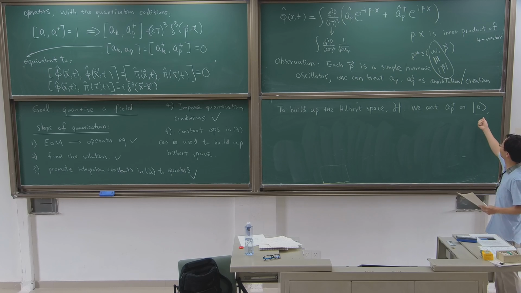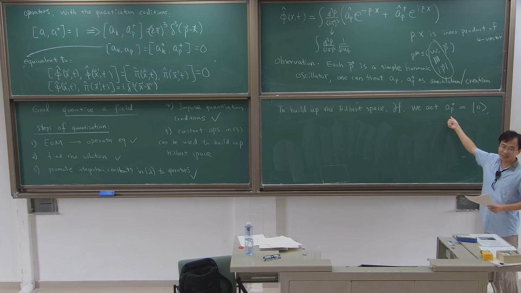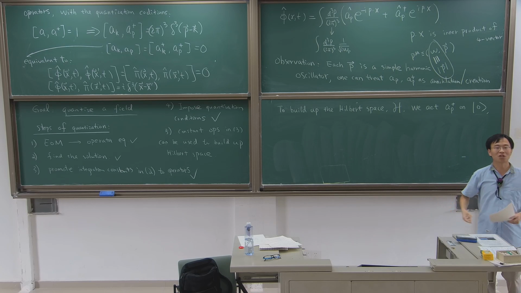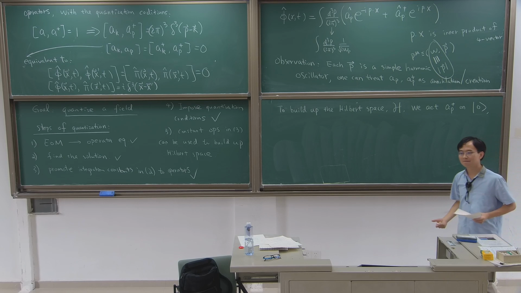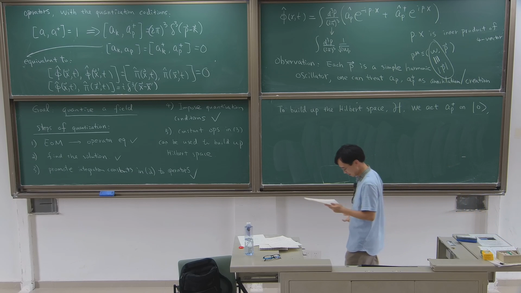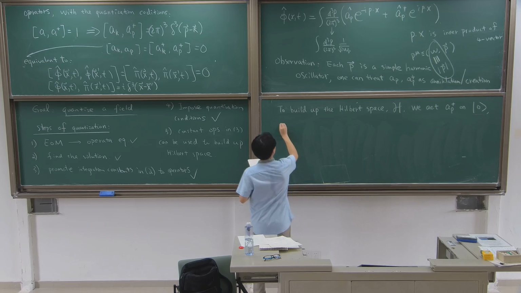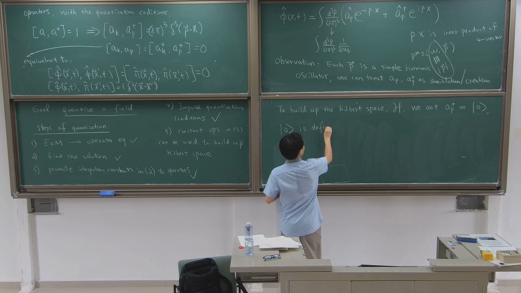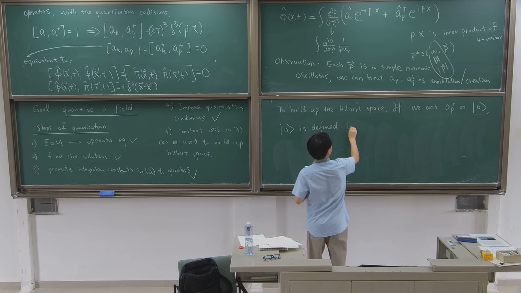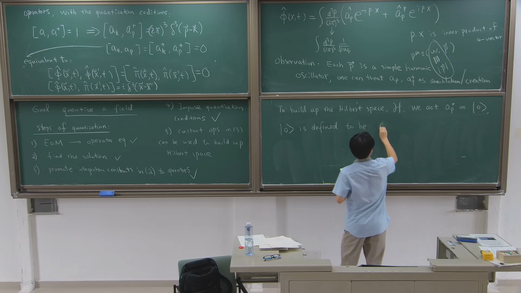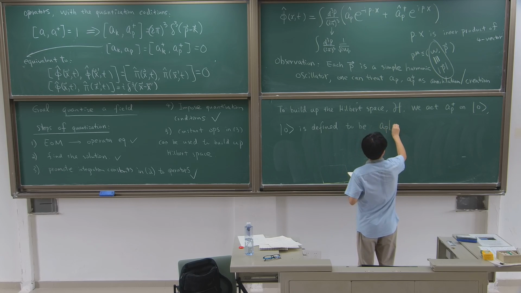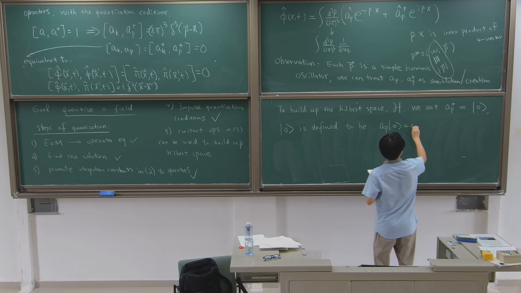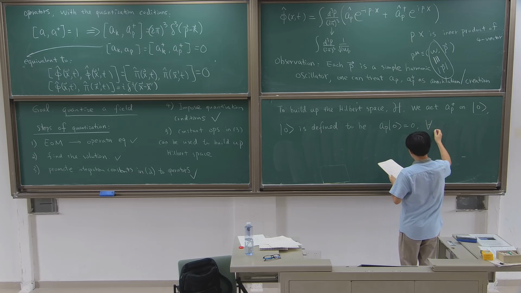That's my vacuum state. Once you have that vacuum state, I can try to act with A_p dagger on the vacuum state to generate a non-trivial state. That's the idea. So vacuum is defined such that A_p acting on it will always give 0 for any p.